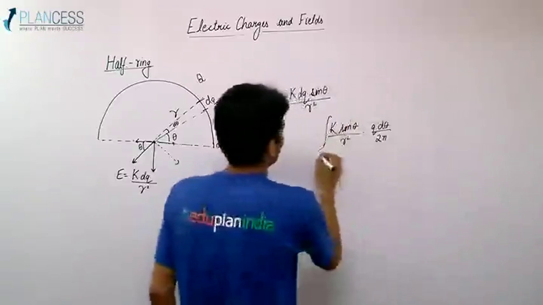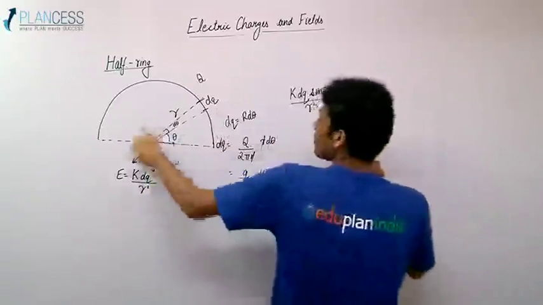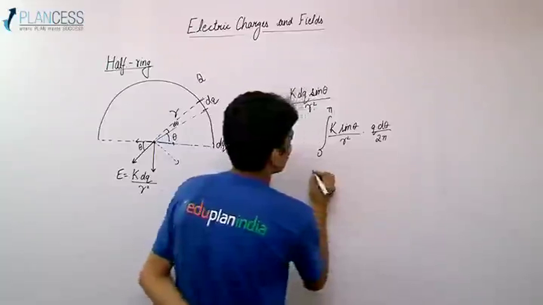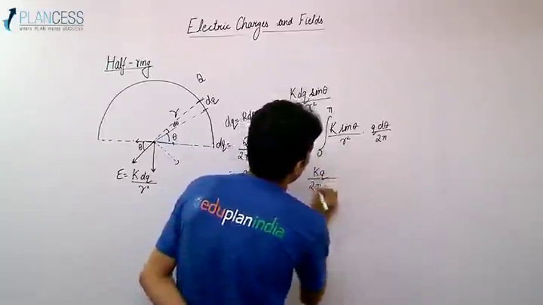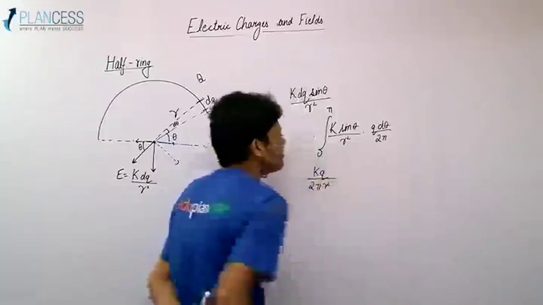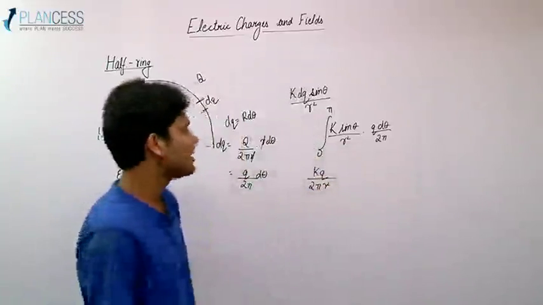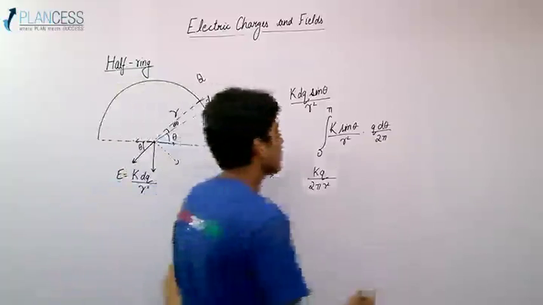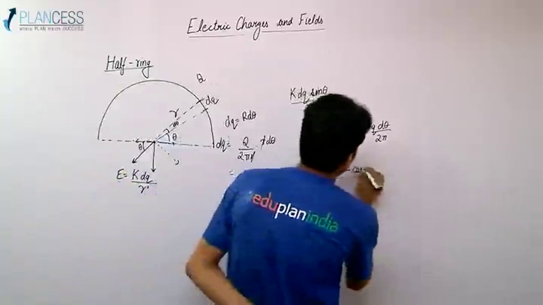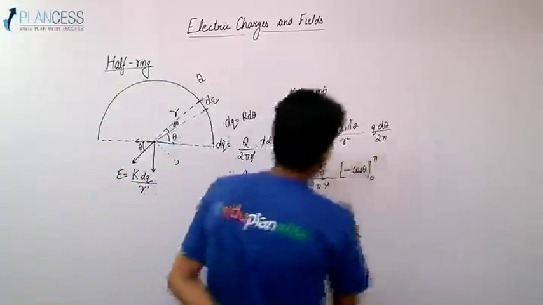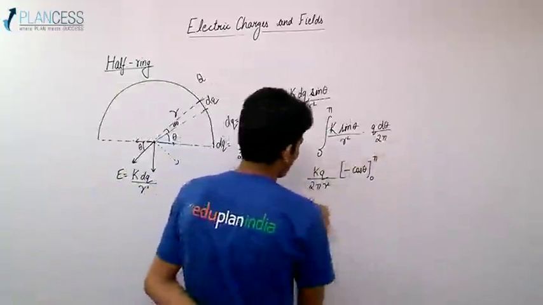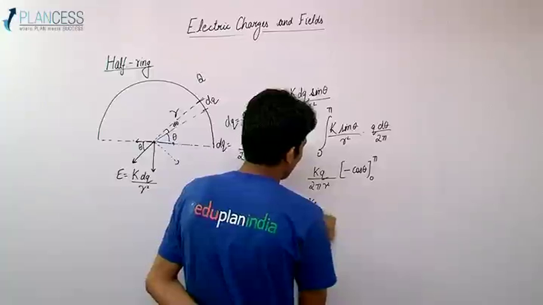Now if I integrate it from 0 to pi, because this is a half ring, so it can get integrated from 0 to pi only. So we get kq upon 2 pi r square. The integral of sine theta d theta would be minus cos theta, from 0 to pi, which would give us kq upon 2 pi r square.